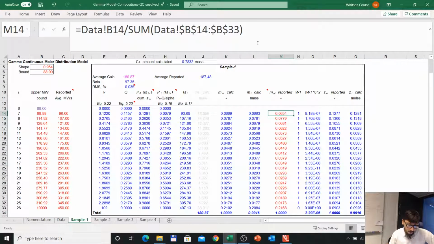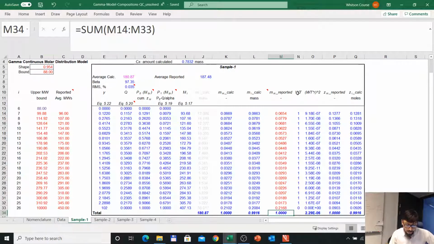So here, this is just taking the data from this data sheet, and then dividing the mass of each component by the total mass, like the sum of the entire column. Okay, and again, this should sum to 1.